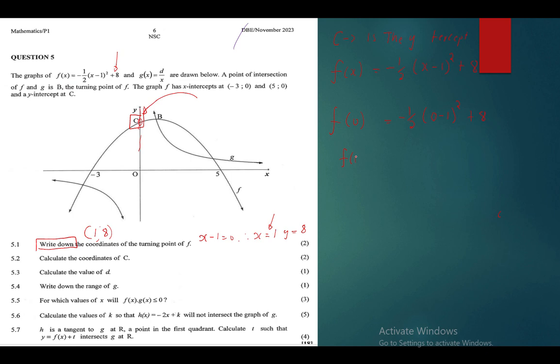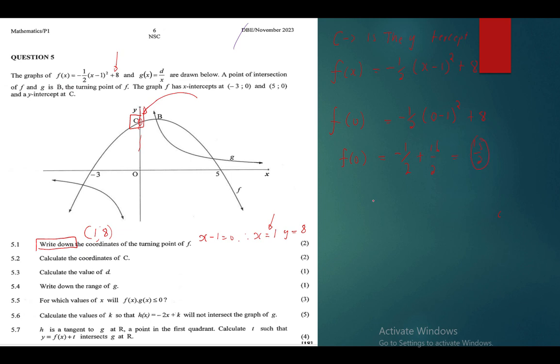So you are finding the y-intercept of f. Minus half, you press your calculator here, guys. You just press your calculator. Minus 1 squared is 1, minus half. Minus half plus 8. Minus half plus 8 is 15 over 2. You guys, you will use your calculator.